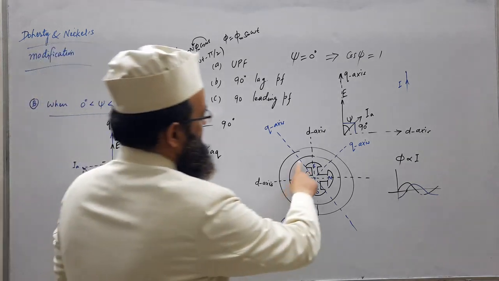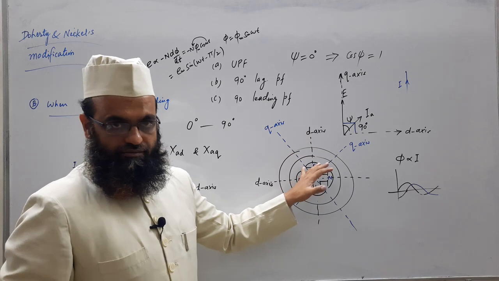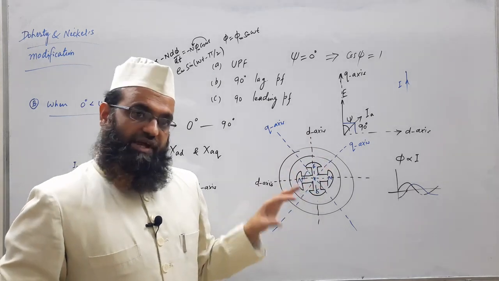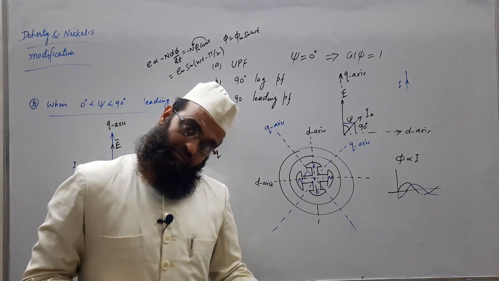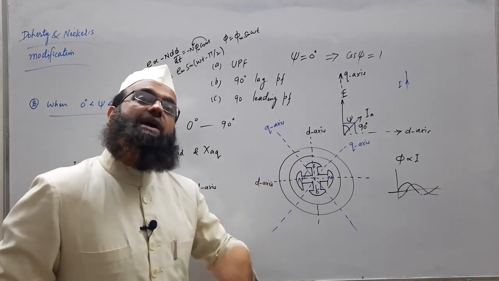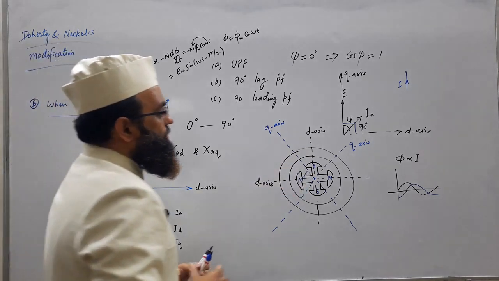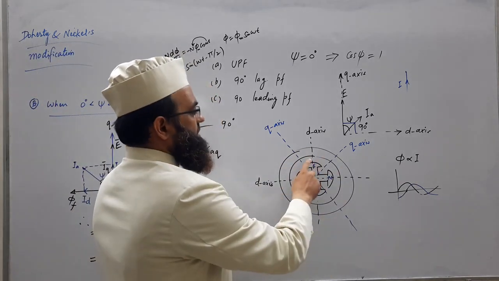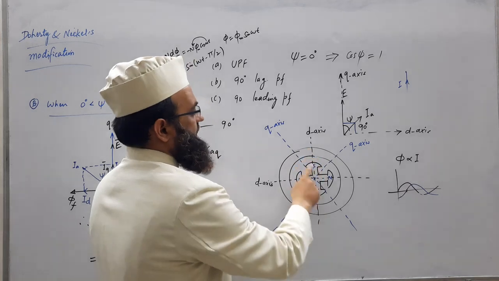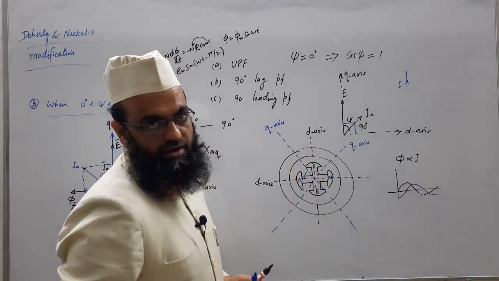Once the air gap is not uniform, the armature fluxes, we are talking about armature reaction, that is the effect of armature flux on main field flux, those armature fluxes produced by armature currents will get more ease in crossing the air gap here because of the minimum air gap length.